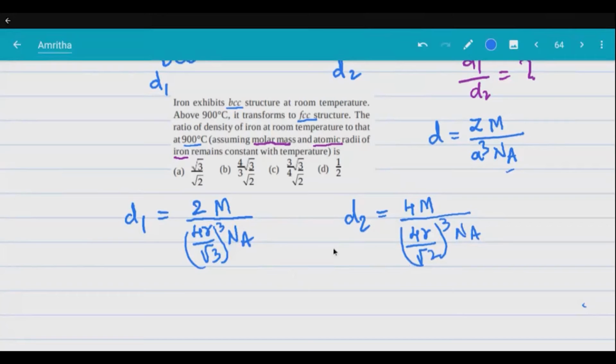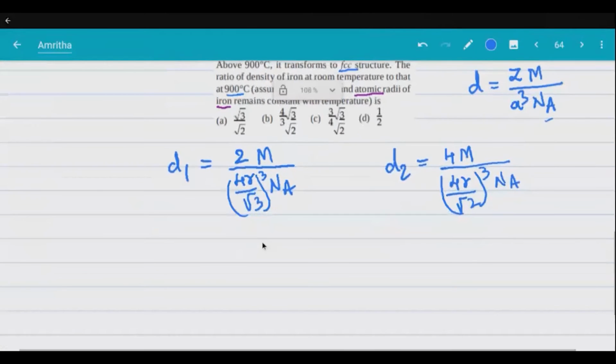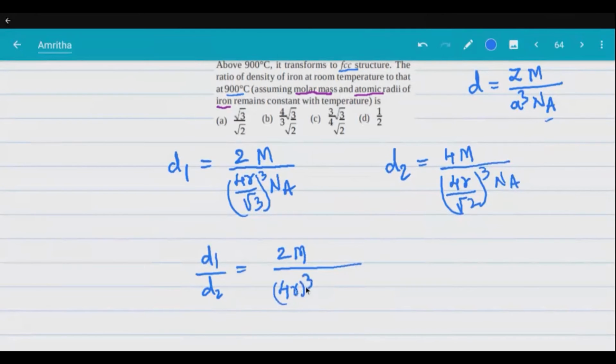Now we can calculate, right? D1 by D2. Okay, so D1 by D2. So 2M by 4R cube. This will get cancelled anyway. And this will be 3 root 3, into Na. And this will be D1 by D2, right?